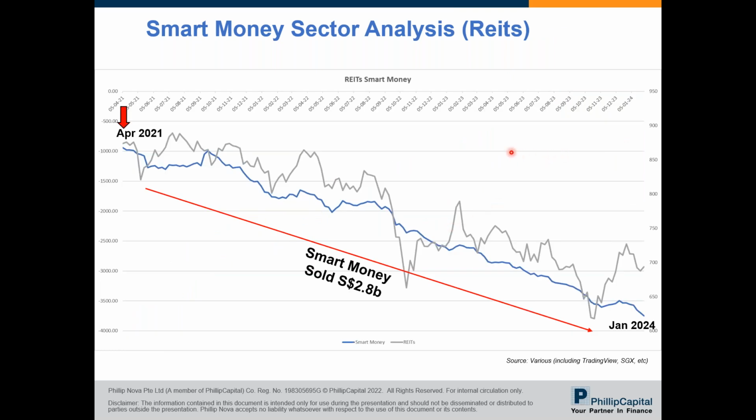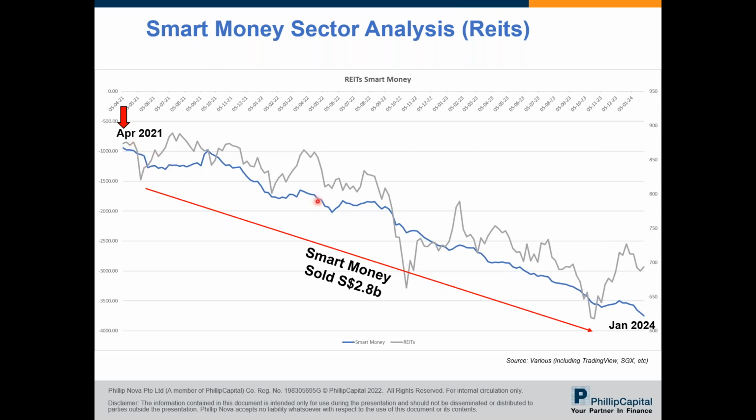Okay, how about this on the REIT sector? Right, a lot of investors like to invest in REITs, but since 2021, REITs haven't been doing so well as a sector. The gray line is the REITs sector index, right? It has been coming down, and you can see why it's been coming down, because the smart money has been selling, right?